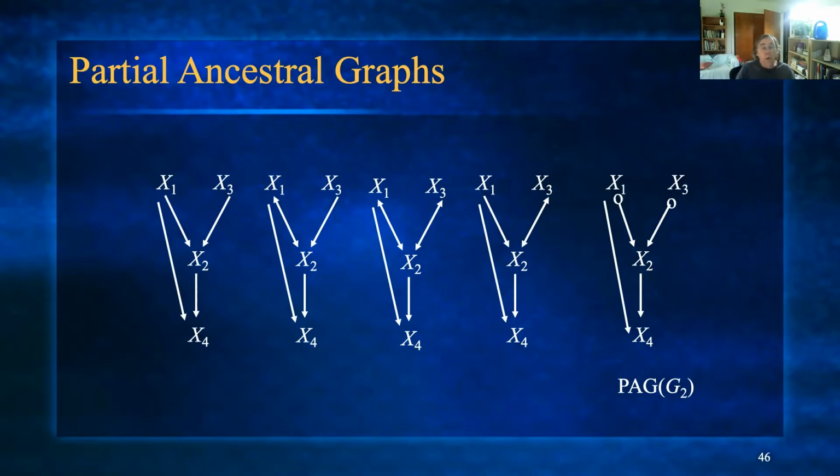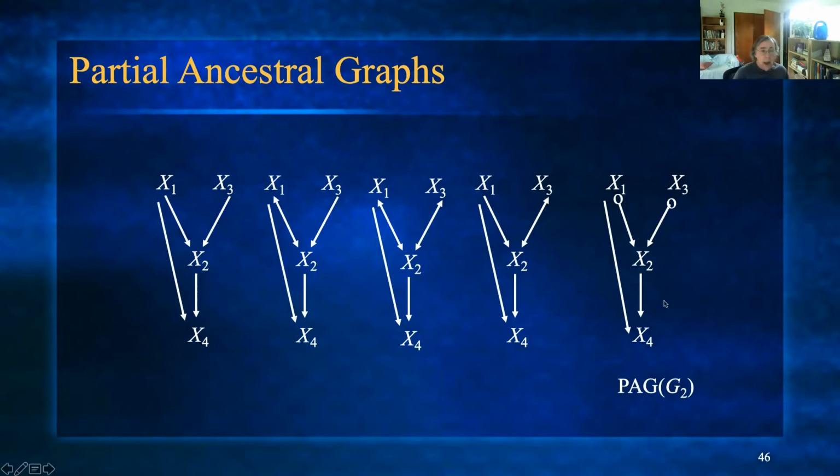Actually, there won't ever be a case in which you have an ancestor relationship and an unmeasured confounder in the PAG. And there are cases where you can't tell whether there is an unmeasured confounder or not.